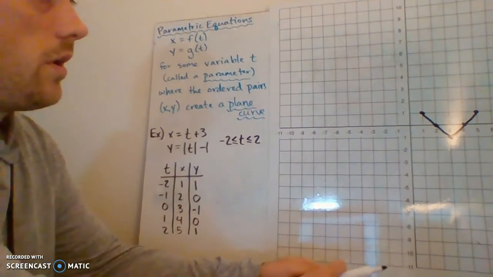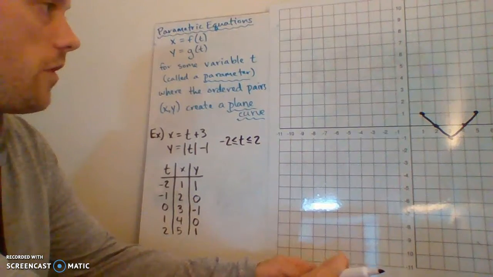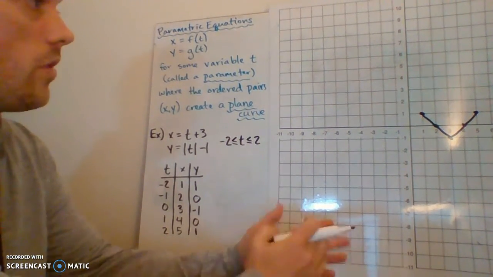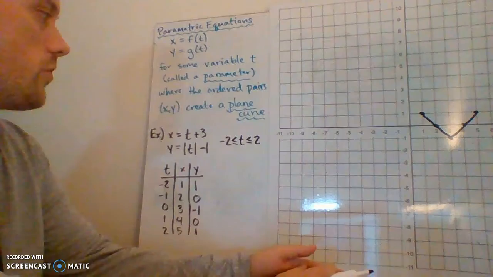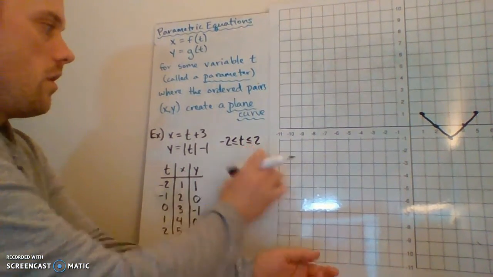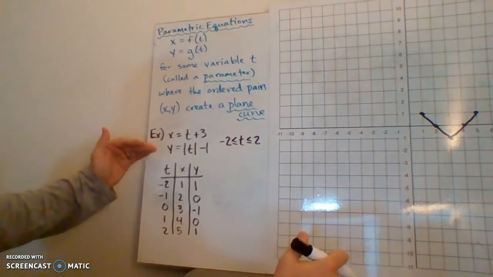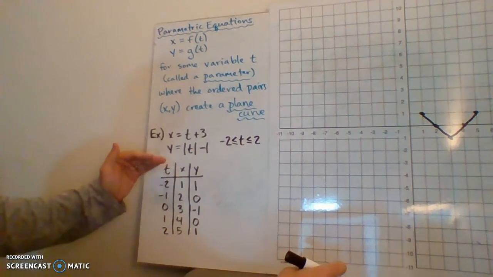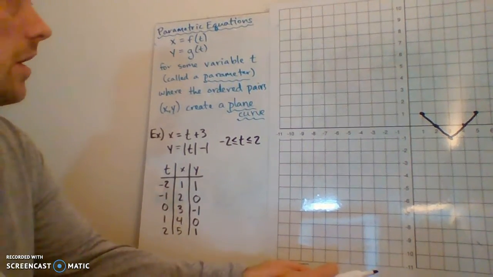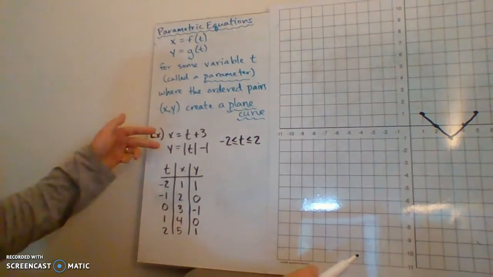Notice how we can't put arrows on the end of our function, even though it looks like it's absolute value, and it typically goes forever. We're limited in what our parameter gives us. It's just from -2 to 2. So our graph is only going to go between these points. So that's it. There's our graph for this parametric equation.